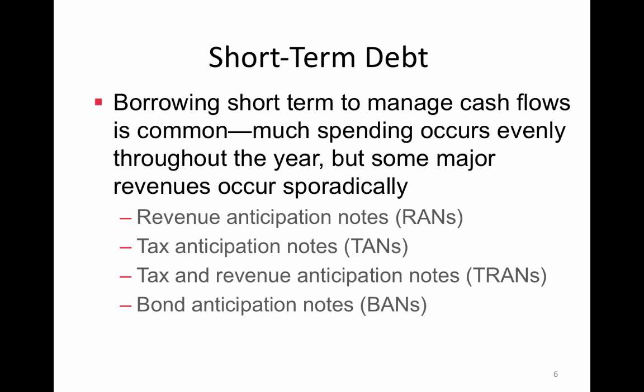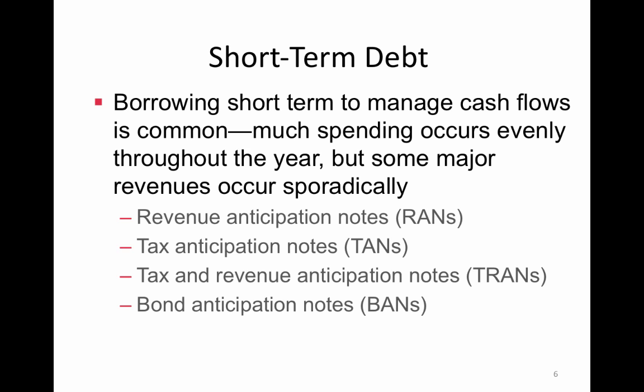Plus, there is withholding tax that does come in on a regular routine basis. A lot of intergovernmental aid from state or federal governments may come in later in the year. But the point here is that the government may need to borrow in the short term in order to make sure it has enough cash to pay its bills until the revenue comes in.